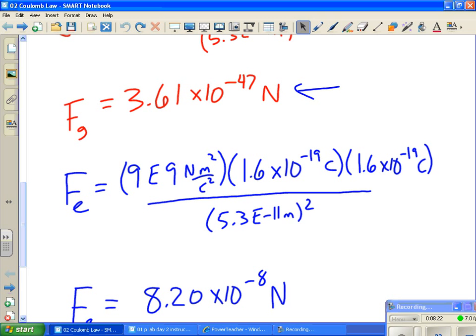And remember, I'm just using positive values for both charges because I just want an amount. I could have just written that elementary charge squared. I didn't this time, but in the future I certainly will.